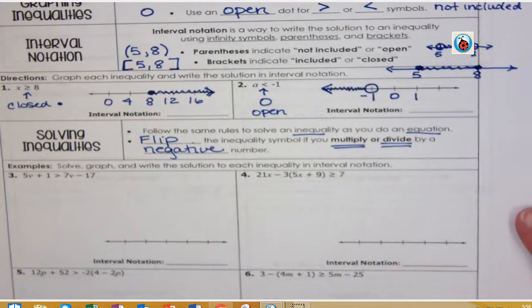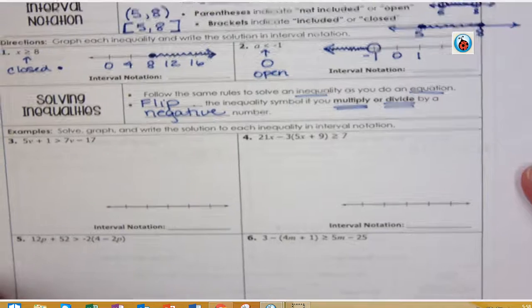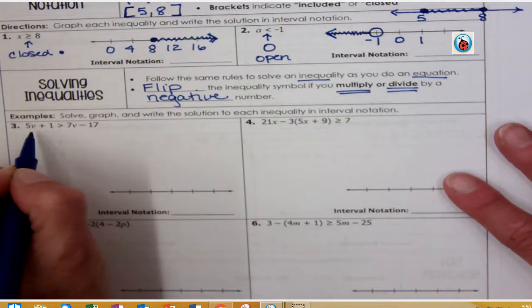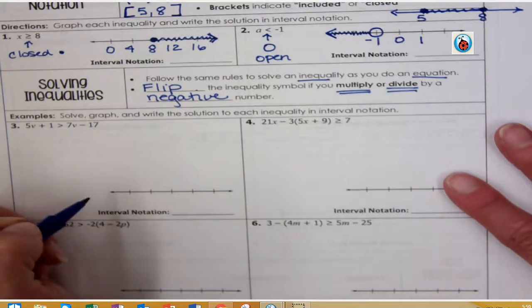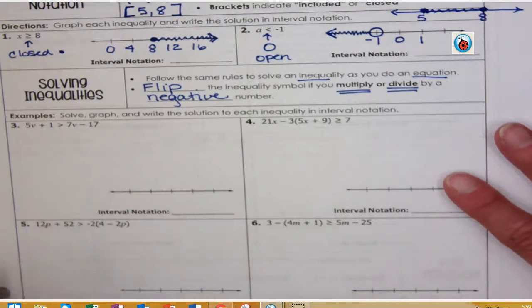Hopefully this is all review. If it's not, then you may need to watch this more than once. So we're going to do a couple examples. We're going to treat this as an equal sign unless we divide by or multiply by a negative. And then we're going to graph it.